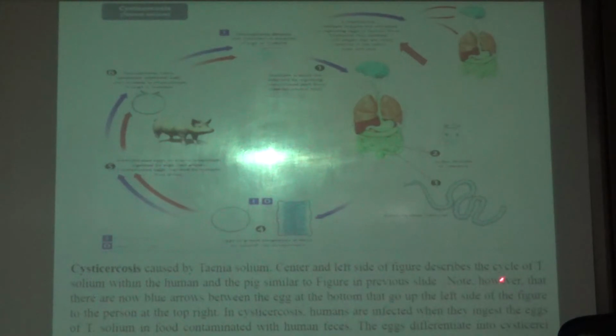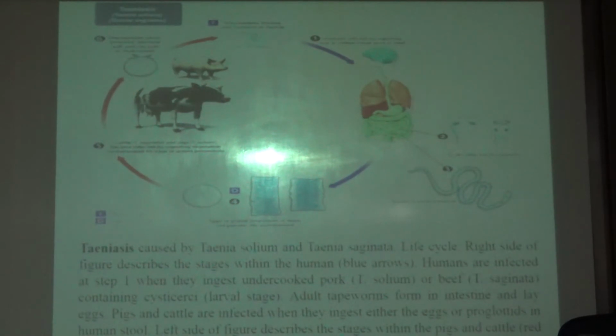The same thing is written here. Note, however, that humans are infected when they ingest the eggs of Taenia solium in food contaminated with human feces, and the eggs differentiate into cysticerci primarily in the brain, eyes and skin.